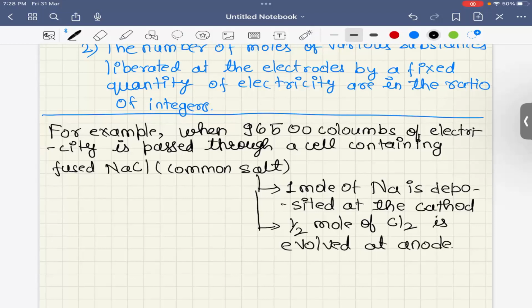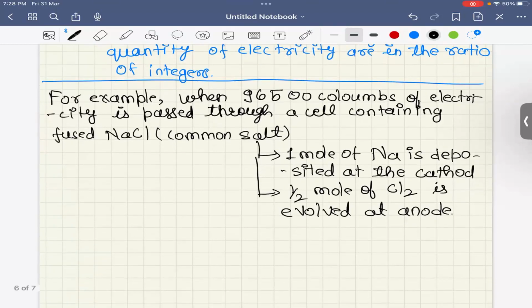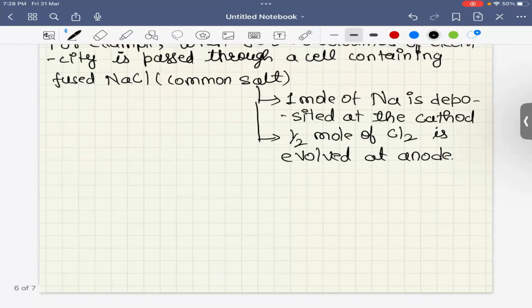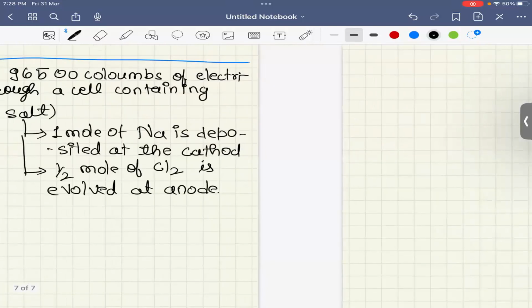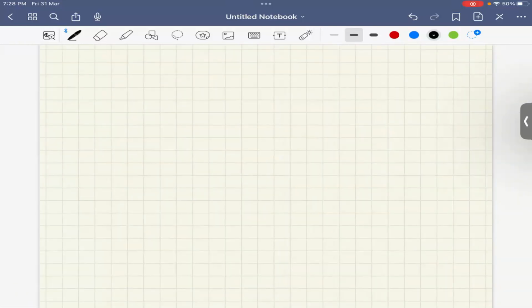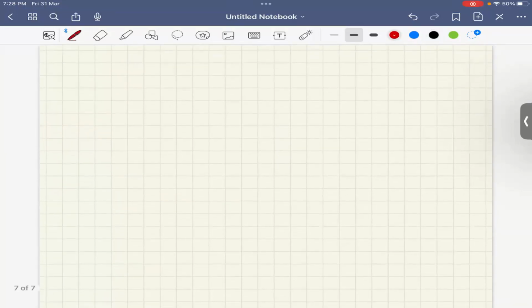So this kind of behavior could not be explained by Dalton's theory. This was the major drawback of Dalton's theory. So we'll go to the next theory, that is the discovery of electron.